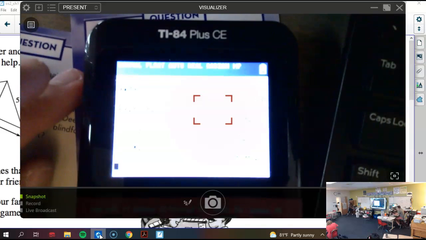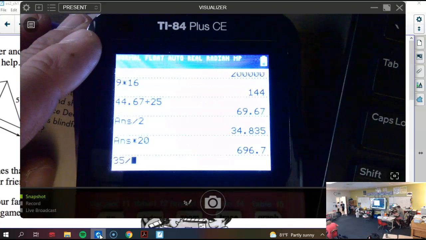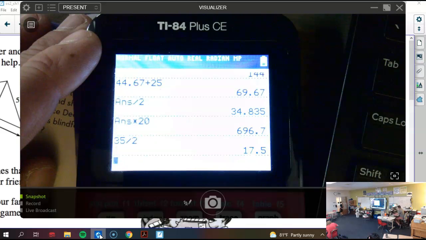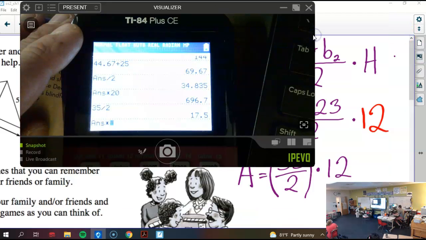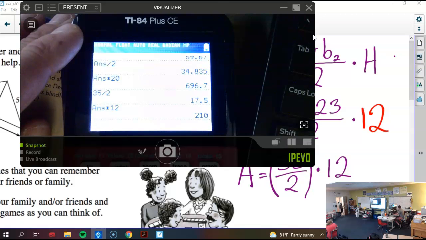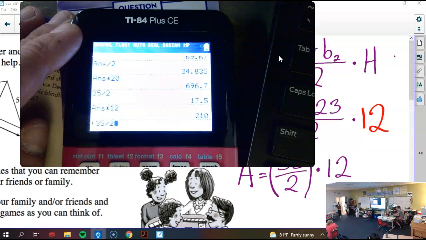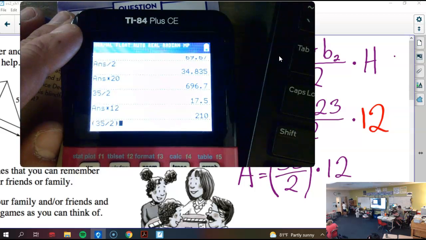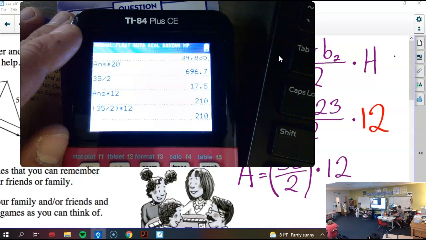So we could do 35 divided by 2, enter, then times the height. What was our height here? 12. So 210. Or we could put the 35 divided by 2 in parentheses and multiply by 12 and get the same answer.